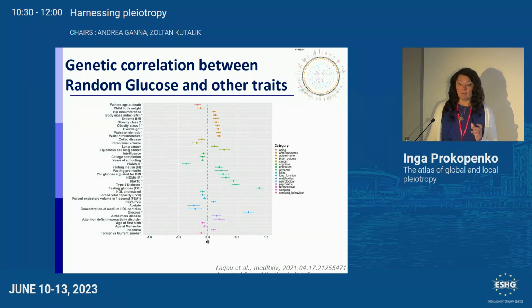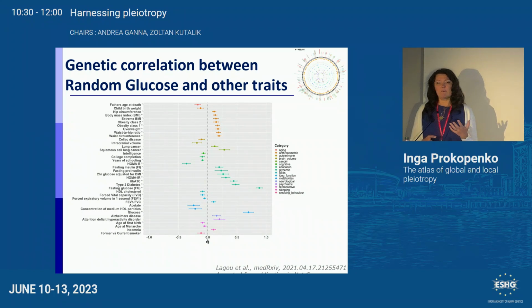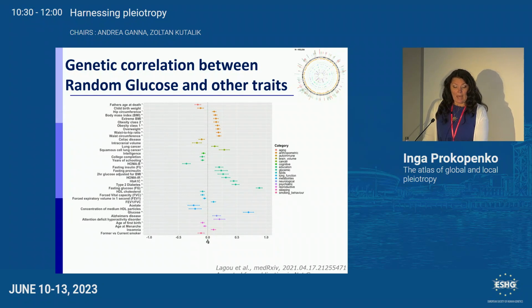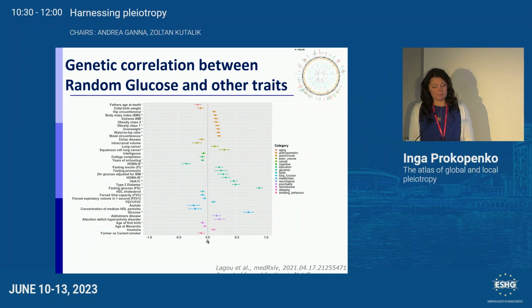Now, I want to give you another example, using LD score regression. We discussed that there are many phenotypes and we can explore how they are correlated, and we can find some logical correlations, so possibly global pleiotropic effects, if we wanted to call them like that. When we analyzed random glucose as a phenotype, we decided to explore how it is related to a variety of other phenotypes.